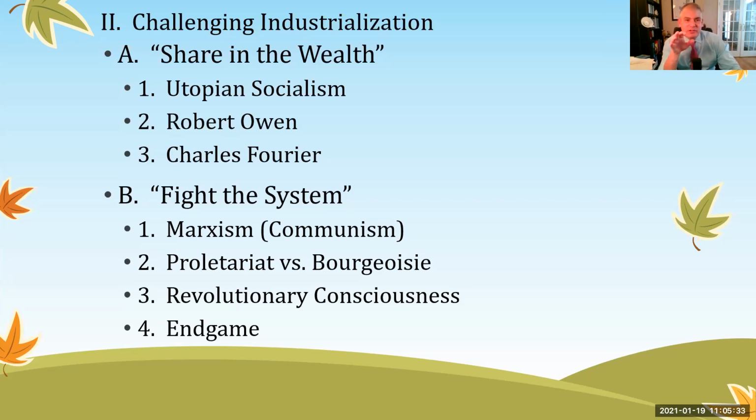There's one more thing that you should add in with the share of the wealth. And this kind of goes beyond Owen and Fourier. And this is what we see as socialism today, is that the government needs to step in and distribute the wealth amongst the people who need it. So socialism today says the government takes wealth and then decides who gets what.